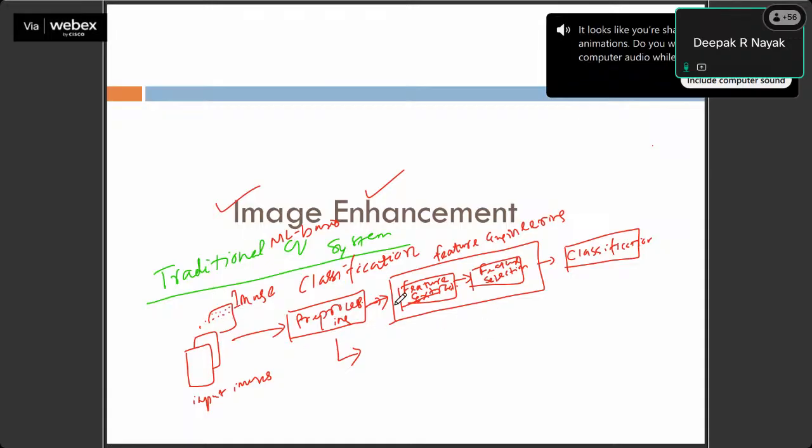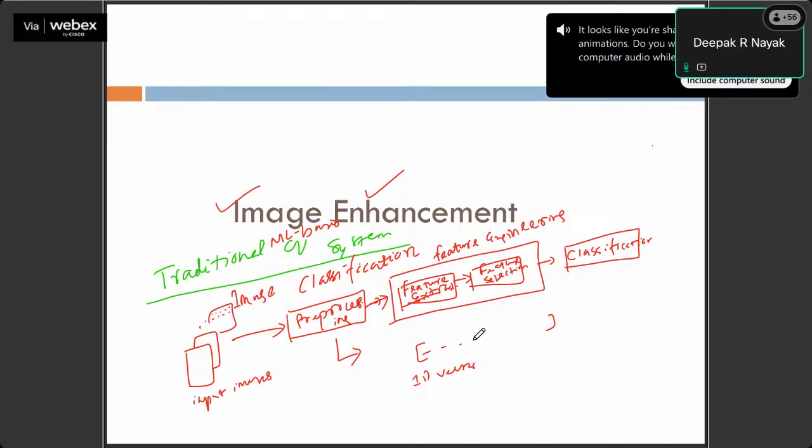Features in traditional computer vision systems are always represented in the form of a vector. The simplest way to extract features is to convert this two-dimensional matrix into a one-dimensional vector by unrolling it.